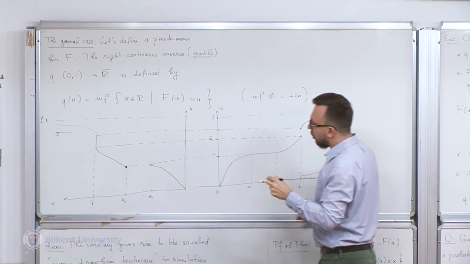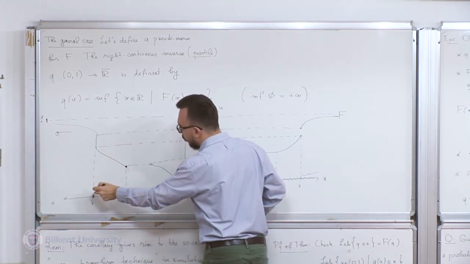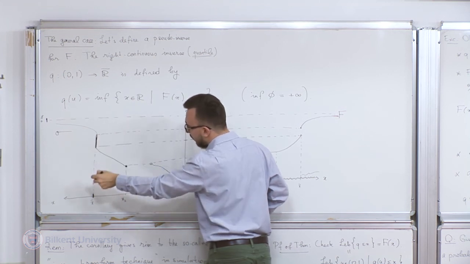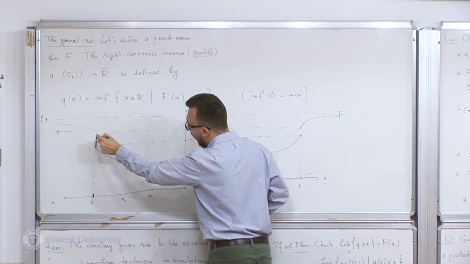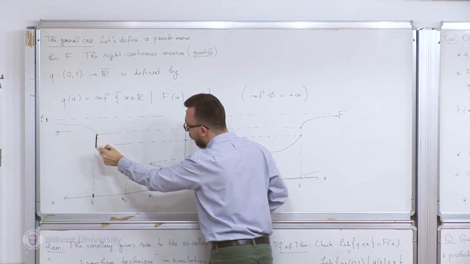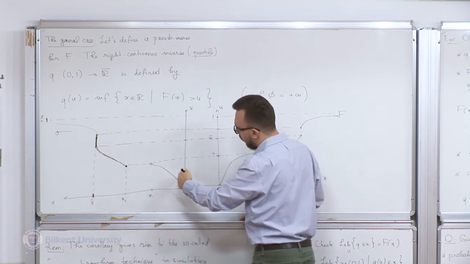So you fix some value, let's say x bar. So q of u is less equal x means you look at the values of u from here all the way down to maybe 0.